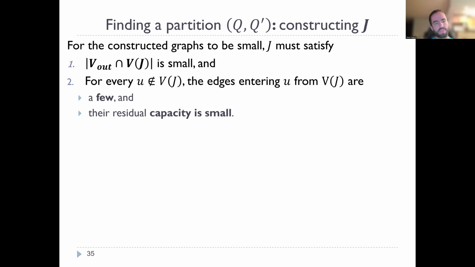And the second one is that for every vertex that is outside of J, the edges entering it from J are going to be few, and their total residual capacity is small, okay? And now these requirements allow us to sparsify the graphs.